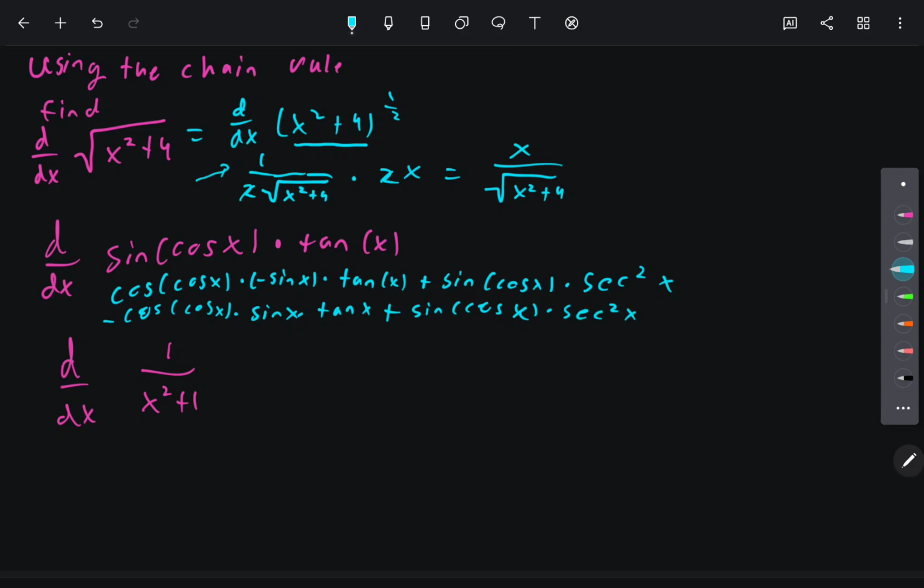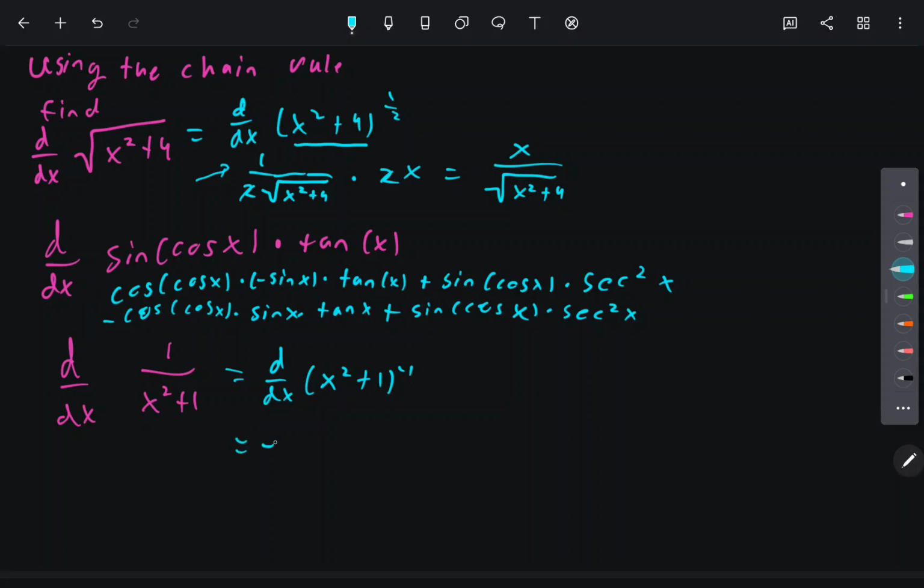And that's our answer. And for this last one, you can either treat this as a quotient rule or a chain rule. Me personally, I believe it's easier to do it as a chain rule. So d over dx, and this is really just (x squared plus 1) to the negative 1 power. So we use the power rule first.